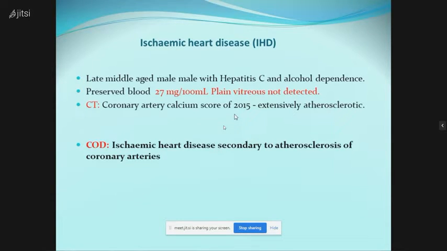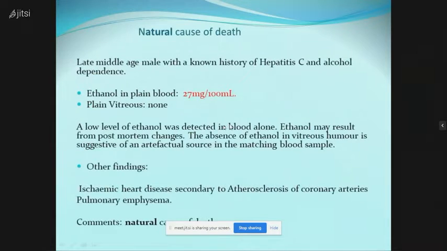So the cause of death is not related to the alcohol dependence or hepatitis C. Another example of how a person might die, and we find that it's not the drug that kills a person, it's a natural cause of death.